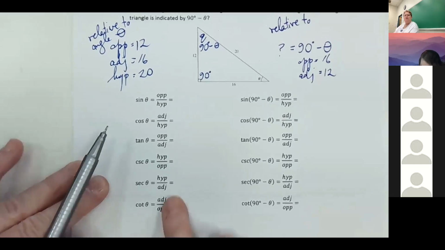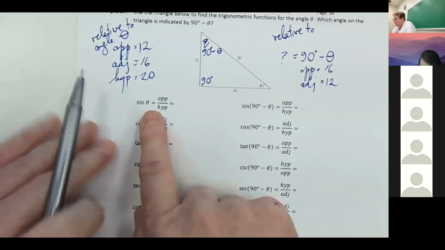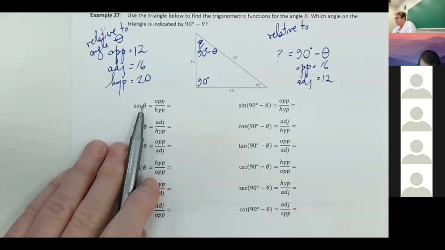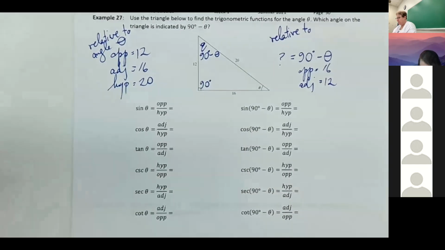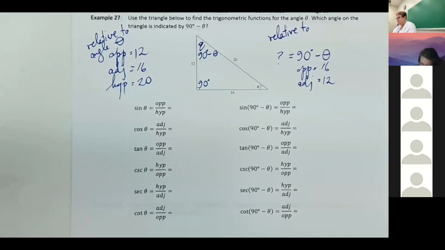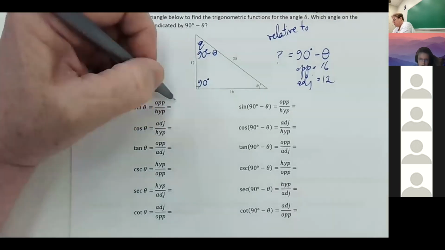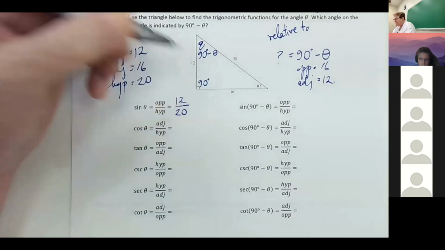So let's just do a few of them. Sine of theta will be what? Twelve over 20. Good. And can we reduce that?